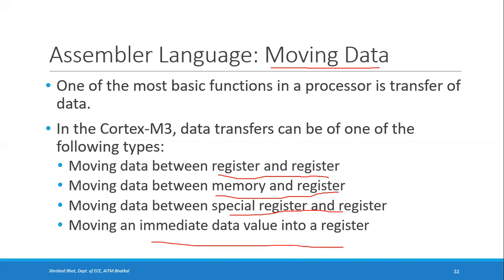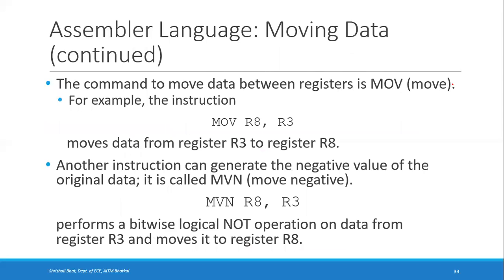Coming to the first one, that is moving data between register and register, we use MOV. Move is a very common or general instruction for moving the data from one register to another. The syntax is similar to what you have seen in your 8051 microcontroller. MOV is the instruction. Even in 8086, it is the same thing. It's a very primitive instruction.